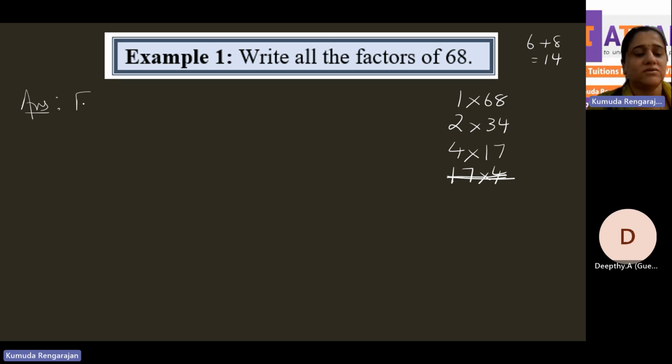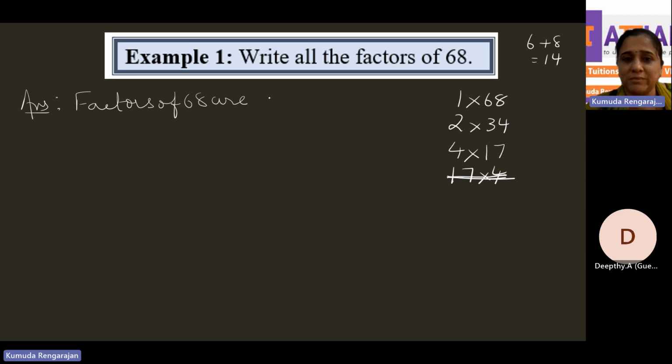Factors of 68. Look at the board. Write all the numbers you see here. What are the numbers you see? 1, 2, 4, 17, 34, 68. You will have it in ascending order also.